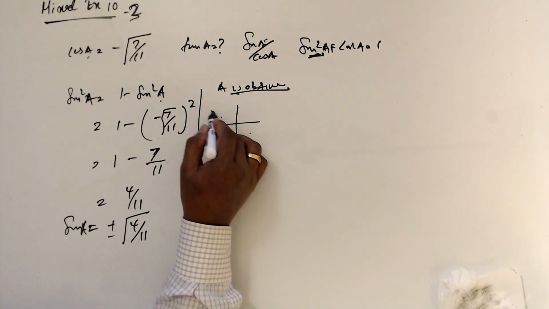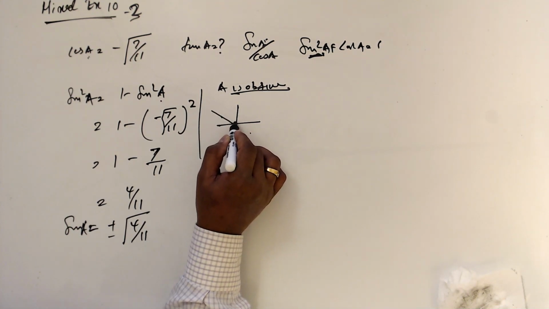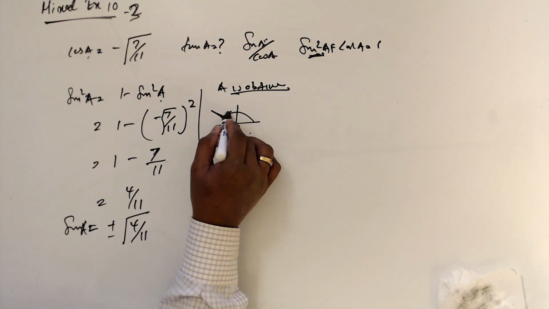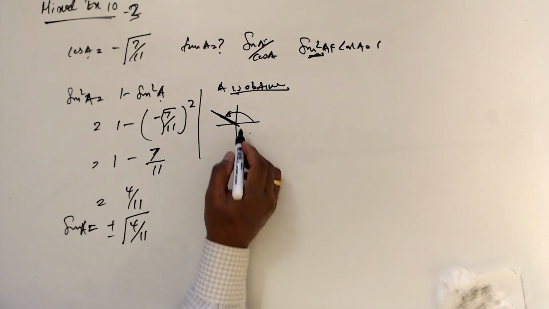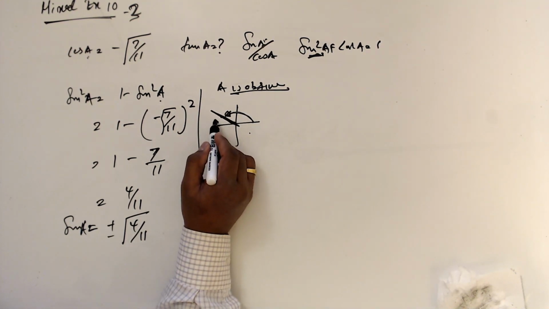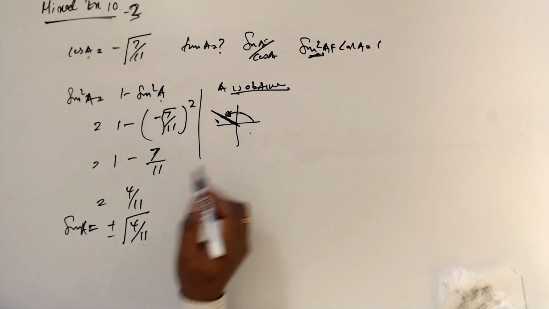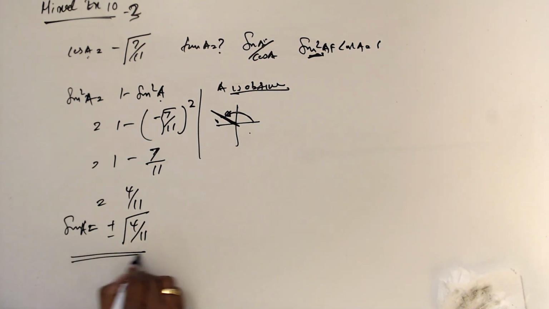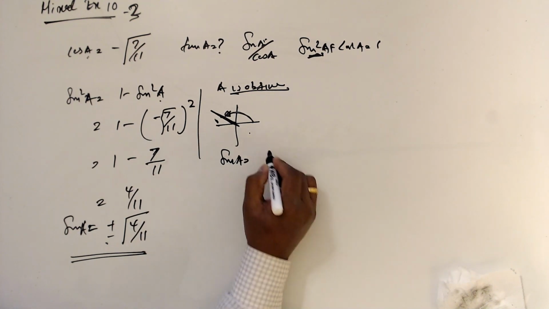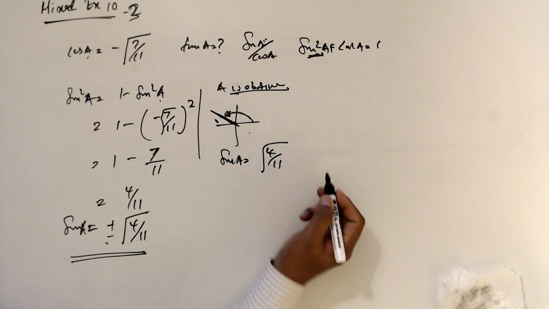So since the angle is obtuse, it should be in the second quadrant. So this is going to be the angle. In this quadrant, what can you tell about the sine value? Sine is positive. Hence we have to pick the positive sine answer. So sine A equals square root 4 over square root 11.